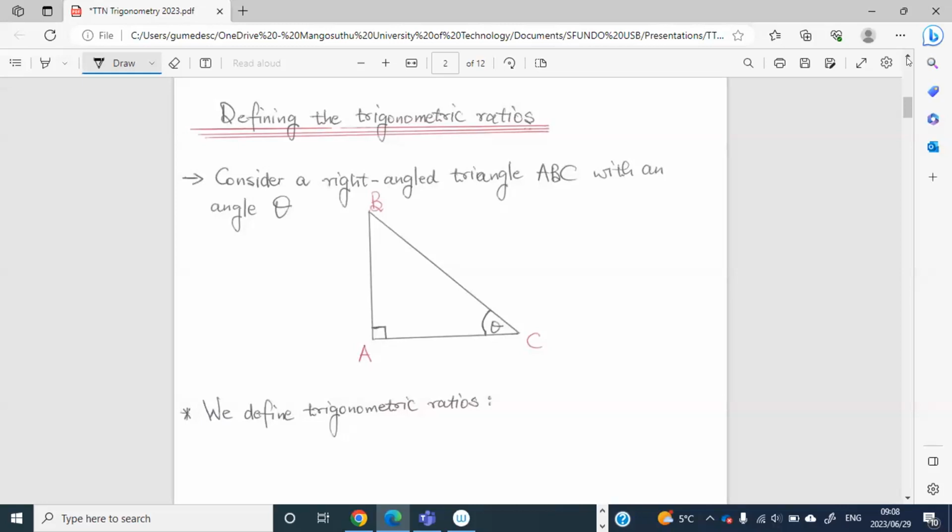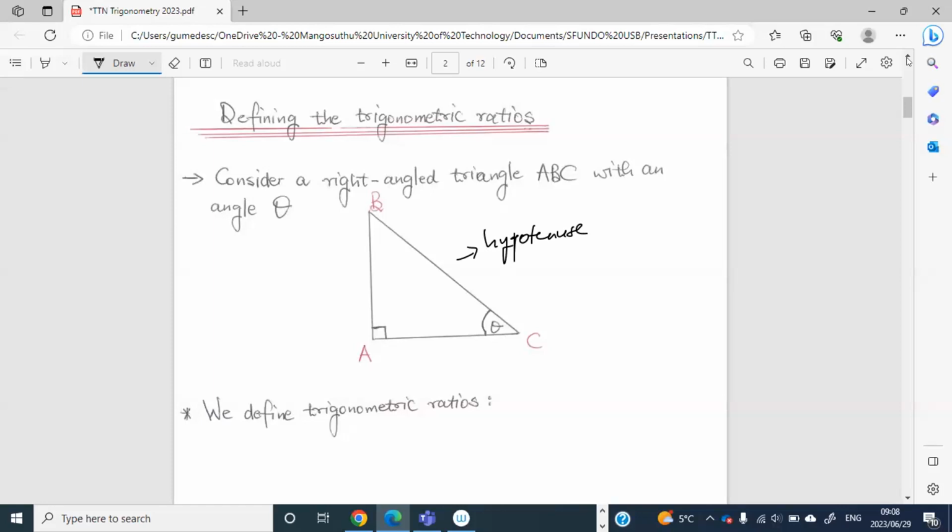So there's 90 degrees here. Always the side that is opposite to 90 degrees, we'll call it hypotenuse. This side that is always opposite 90 degrees, we'll call it hypotenuse.